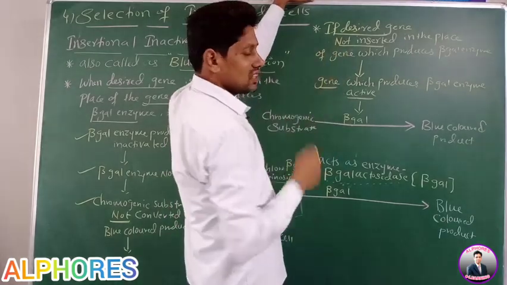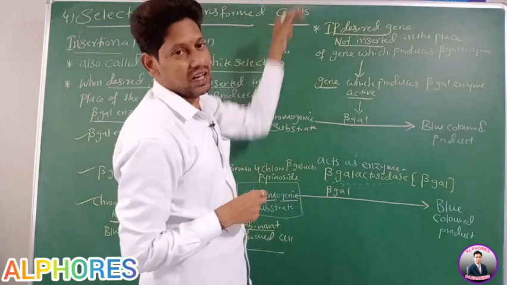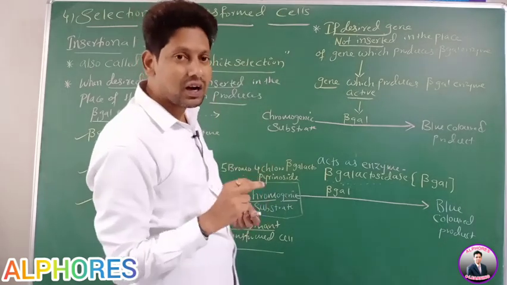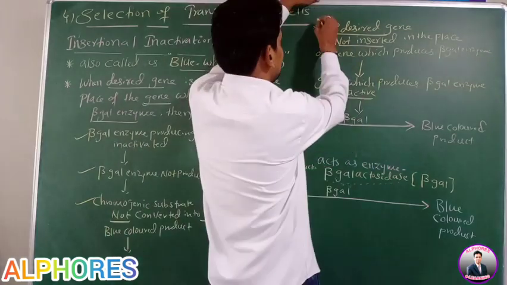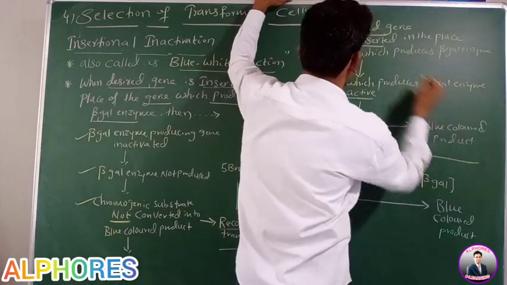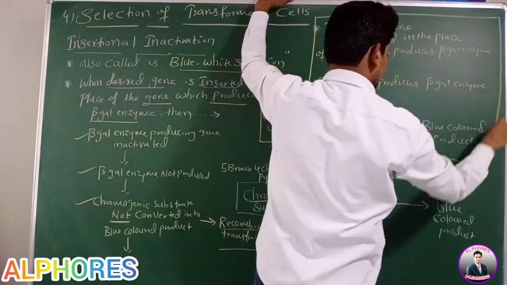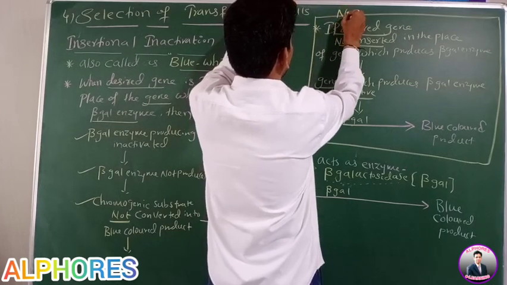Desired gene is not inserted means it becomes which cell, sir? It becomes a non-recombinant transformed cell. Therefore, non-recombinant transformed cell. This is for which cell, sir? Non-recombinant.